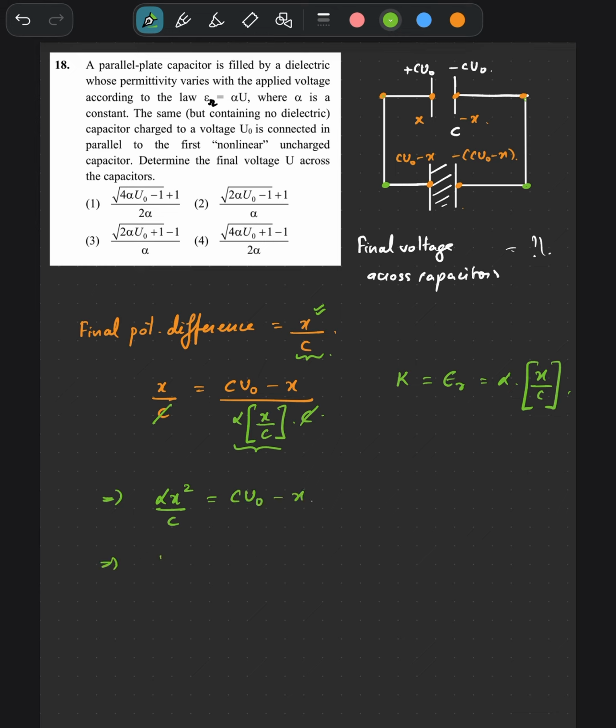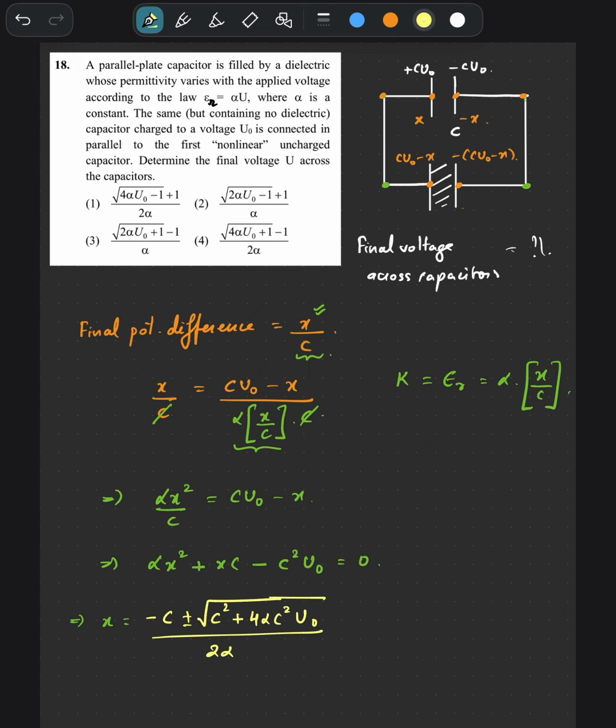So I'll get alpha x squared plus xC minus C squared U naught equal to 0, and this is a quadratic equation in x. The value of x will be minus b plus or minus root b squared minus 4ac, over 2a. So it will be minus C plus or minus root of C squared plus 4 alpha C squared U naught, divided by 2 alpha.